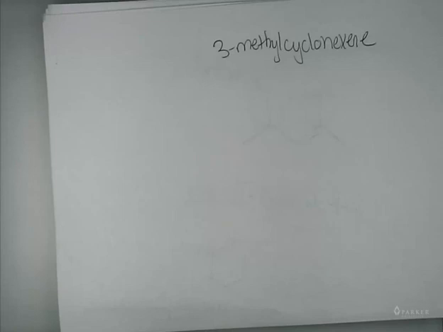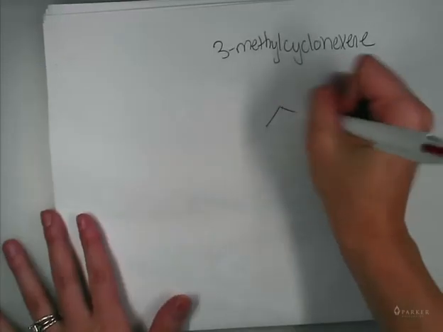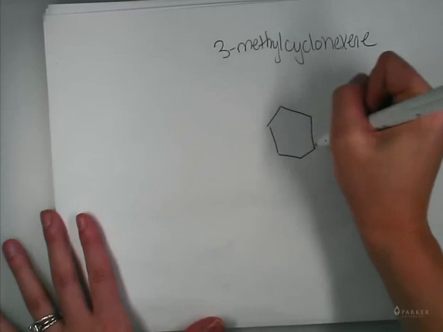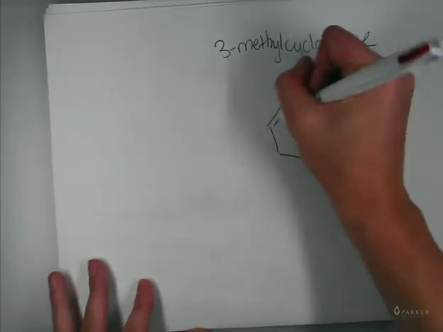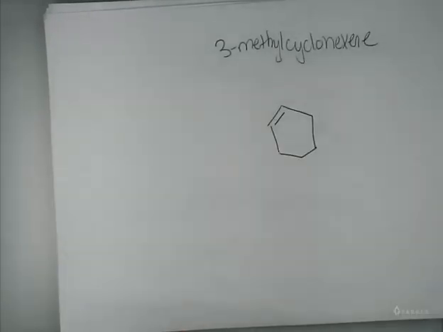Cyclohexene, what does that mean? Cyclic. And ene means double bond. Now, here I haven't set where carbon 1 or 2 or anything is, so I can put my double bond anywhere. So just to prove a point, I'm going to put it right here.